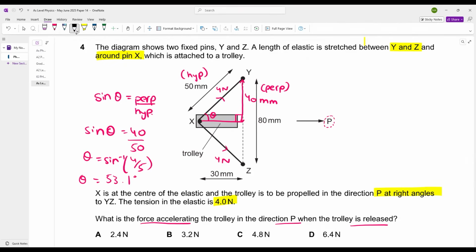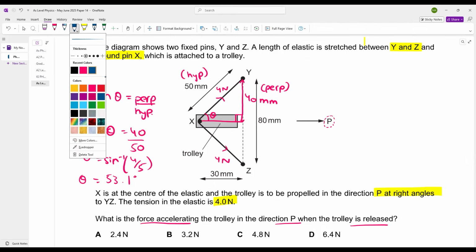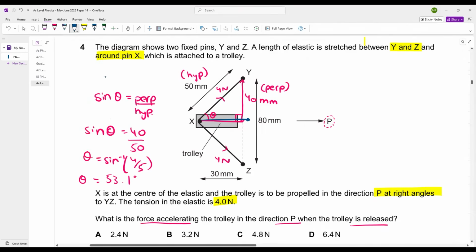तो हम क्या करेंगे? What will we do now? We will resolve these 4 Newton value forces. What will be the horizontal component of the 4 Newton force? 4 cosine theta. What will be the horizontal component of this force? Again 4 cosine theta. What is the value of theta? 53.1.